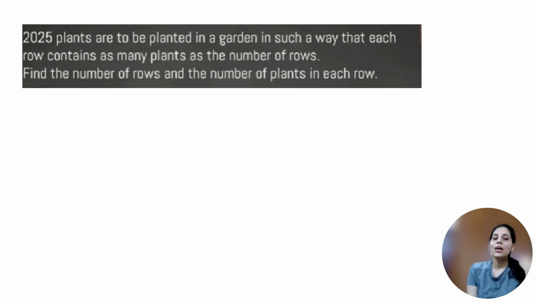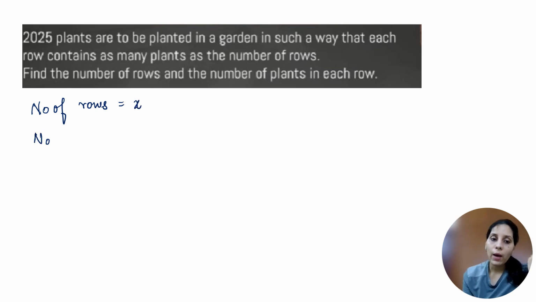Moving on. 2025 plants are to be planted in a garden in such a way that each row contains as many plants as the number of rows. Find the number of rows and number of plants here. Now if I need to find them, I take the number of rows to be x, and the number of plants in each row is also the same.